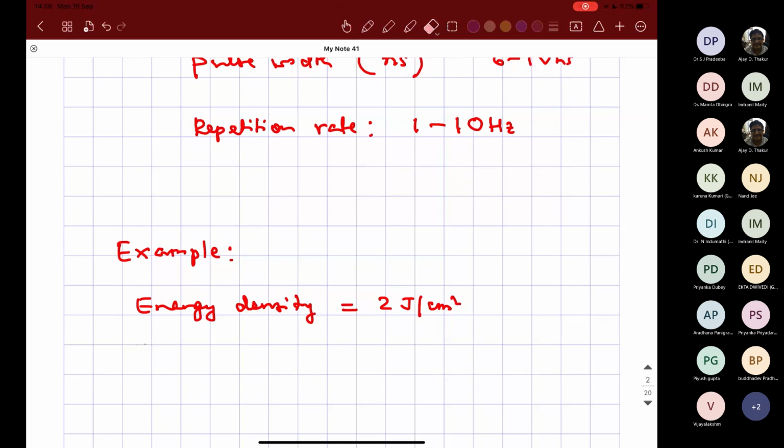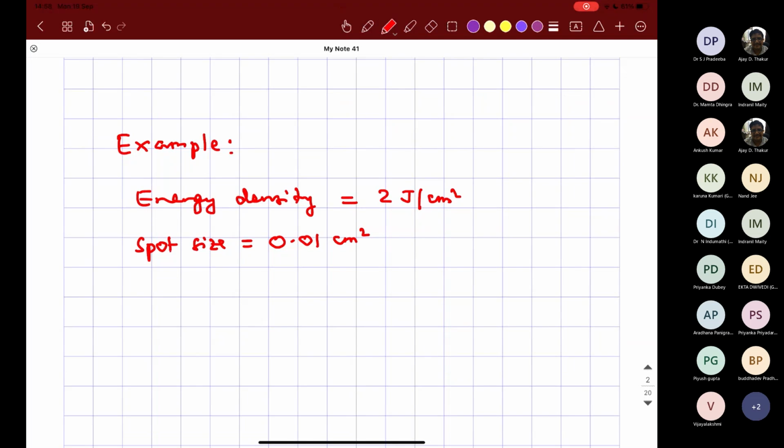And suppose the spot size is, say, 1 millimeter square, so 1 millimeter square would be 0.01 centimeter square. And then suppose we are assuming that the repetition rate is only, say, 1 hertz at the moment.